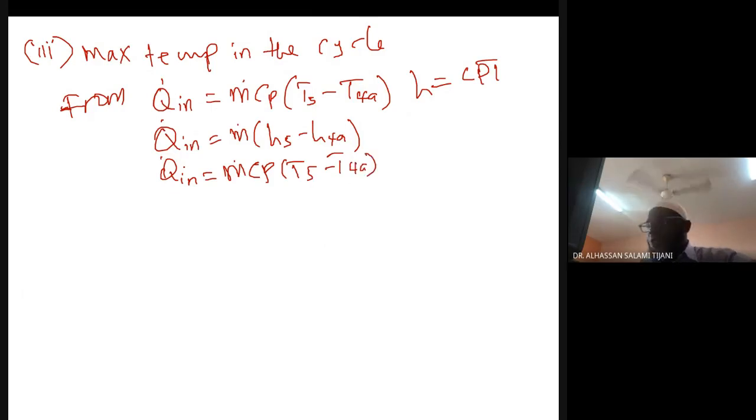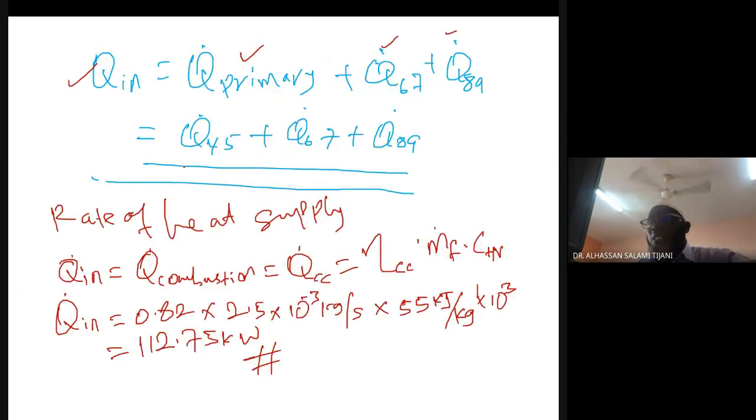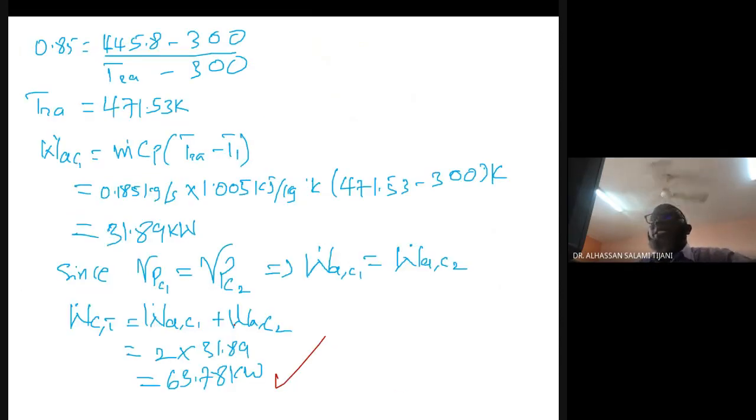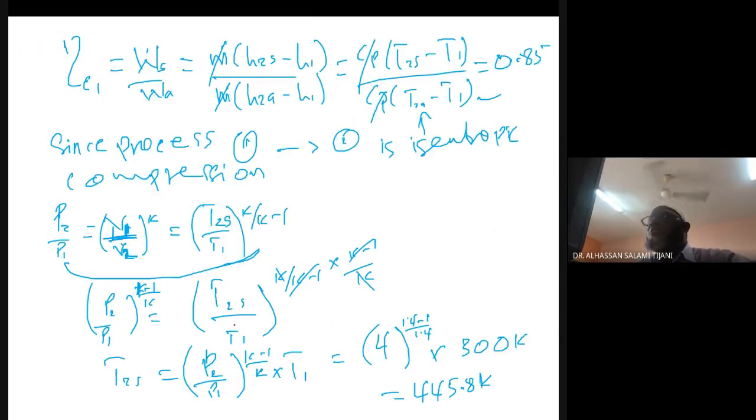But we know this Q in already. What is Q in? Q in is given by this. Where is it? Yes. Okay, 112.75. That is our Q in. So from this, we have also calculated T4A. Let's see over here.